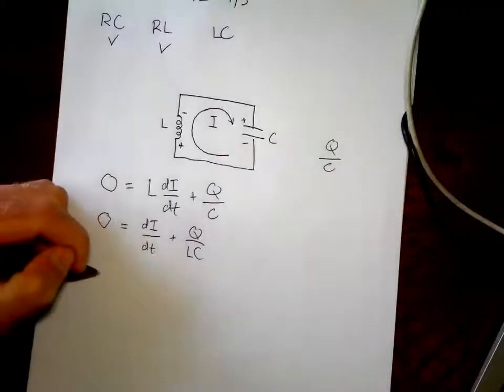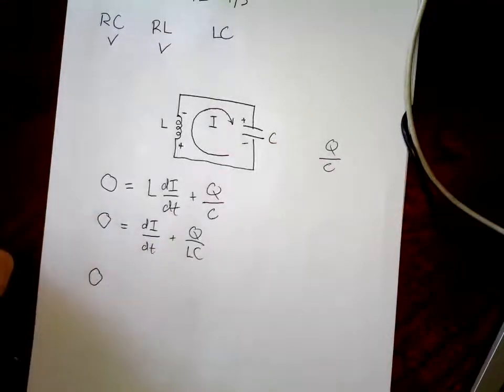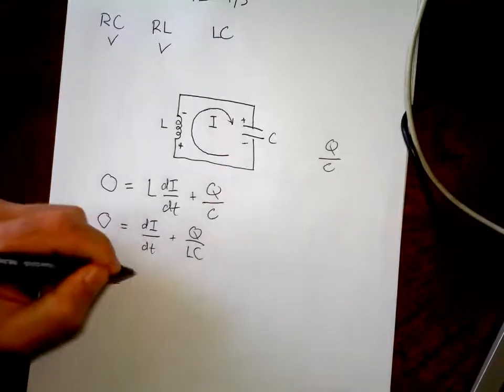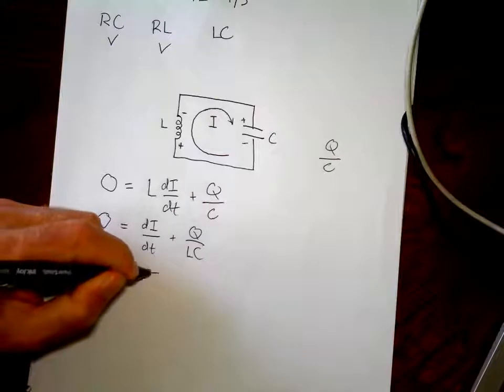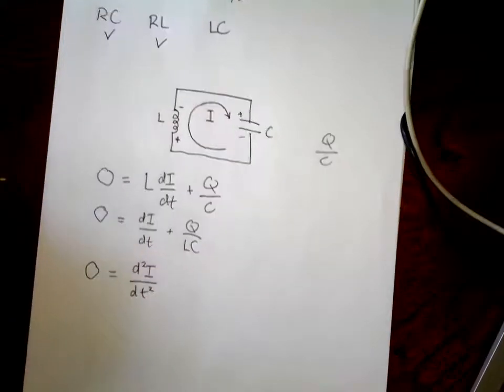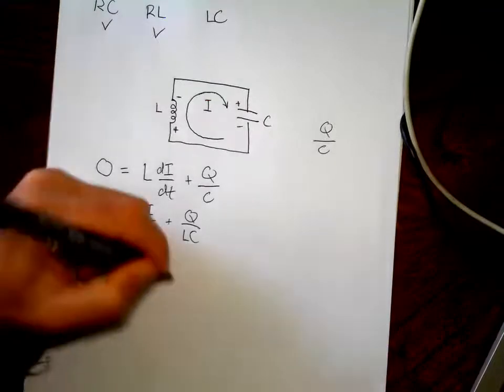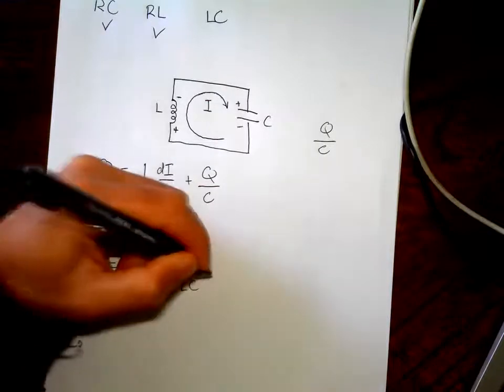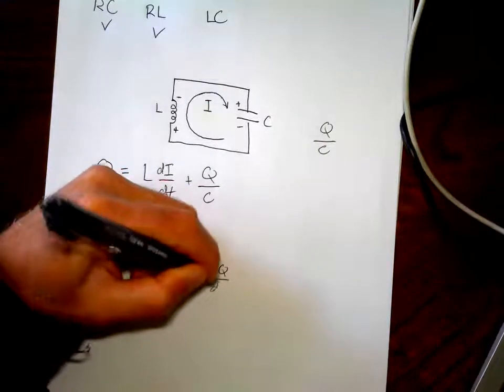L and C are just constants, so they don't have a derivative. And so I get the second derivative of I plus 1 over LC times dq/dt.